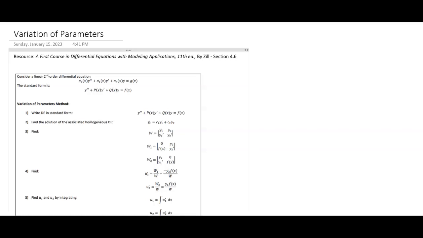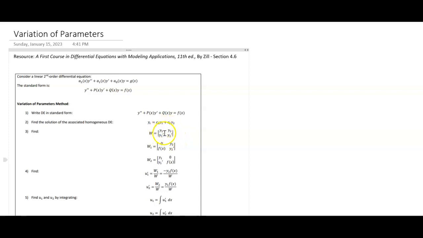We then need to find a linearly independent solution that would help us get associated with f of x. And so this is the process in which we are going to do this. You're going to take the determinant of y1, y2, y1 prime, y2 prime, or find the Wronskian.